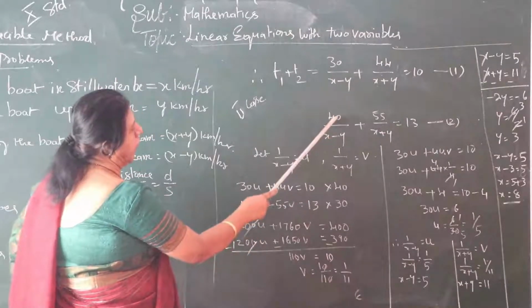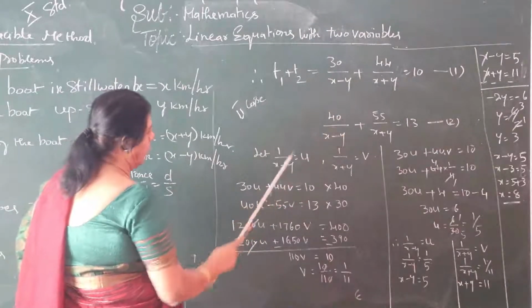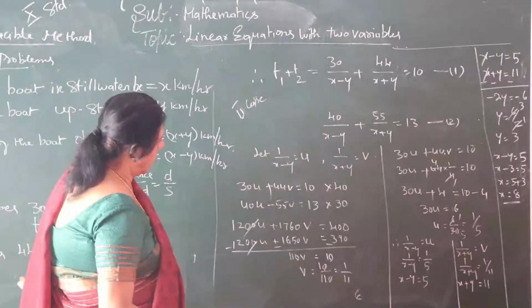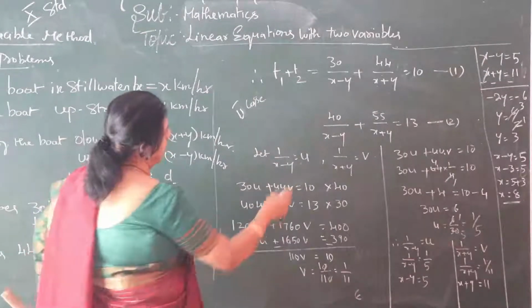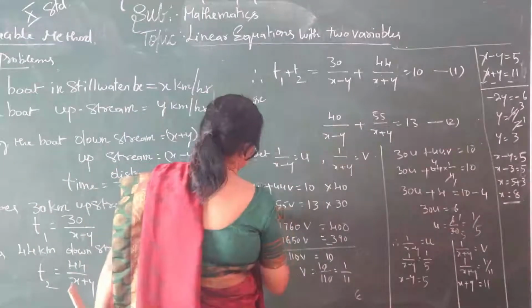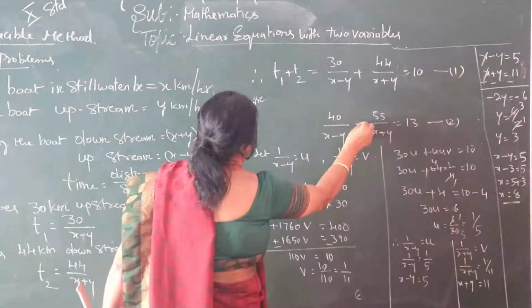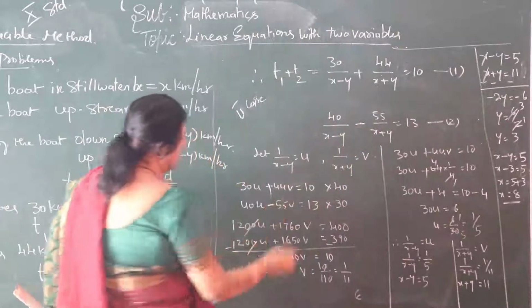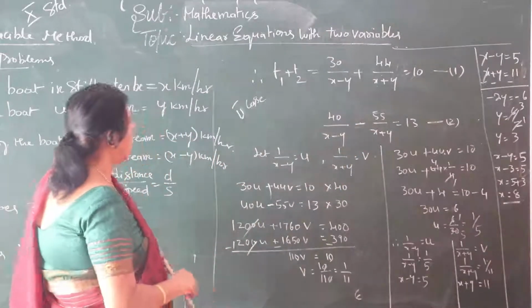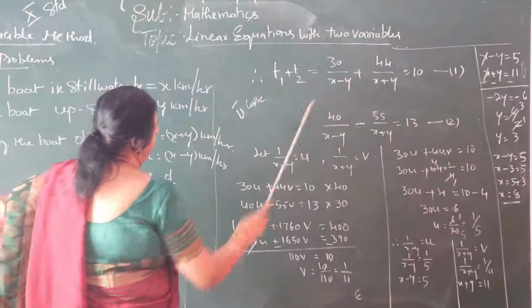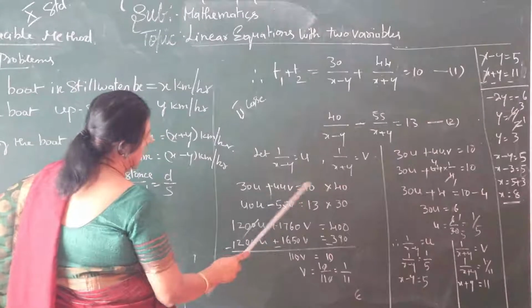Another one: 40 times 1 by x minus y is u, minus... here I put a wrong sign, sorry, it is plus. So here 30 u plus 44 v is equal to 10.